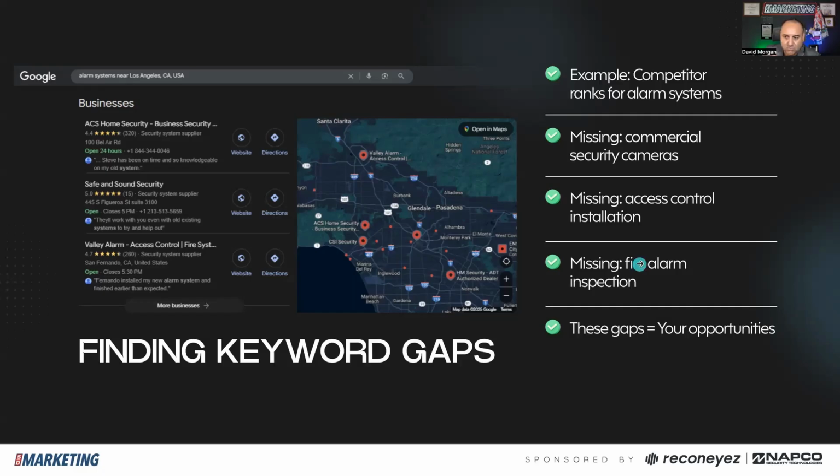And ultimately, we want to make sure that we have those categories and the Google page posts, meaning we're posting content specifically focused on those related things.